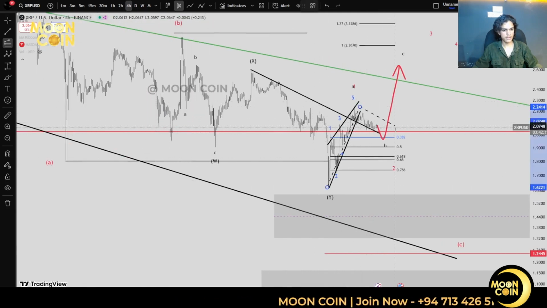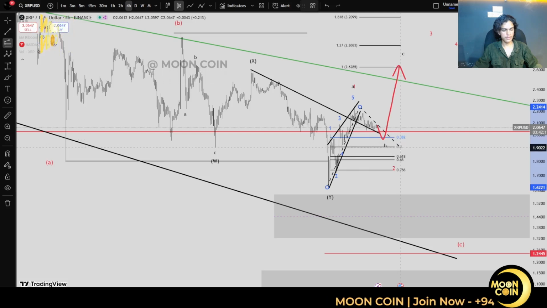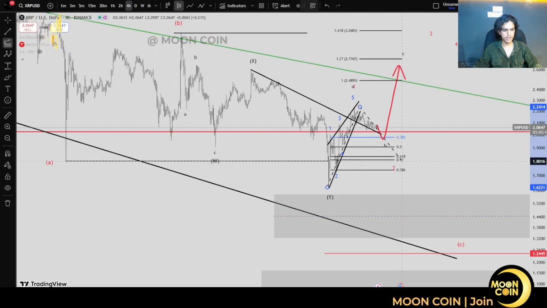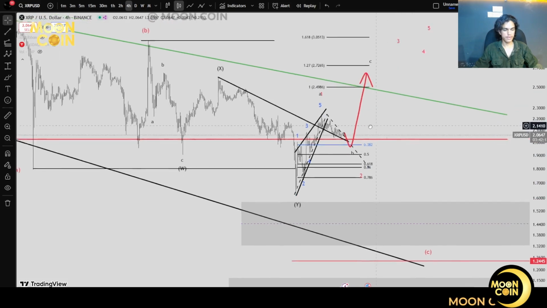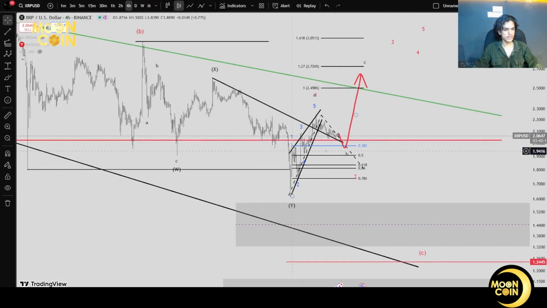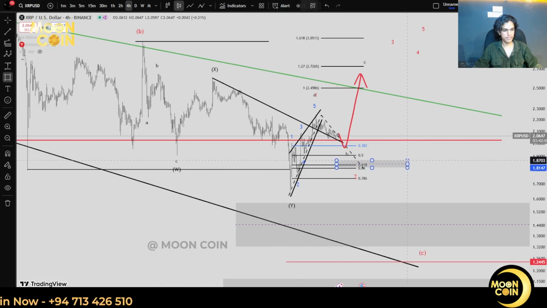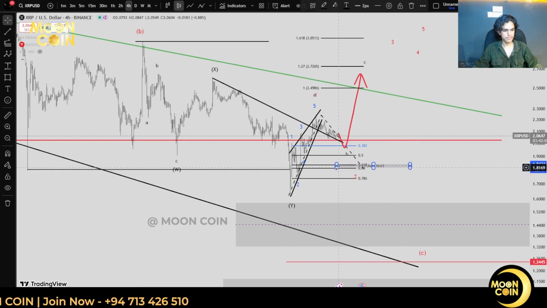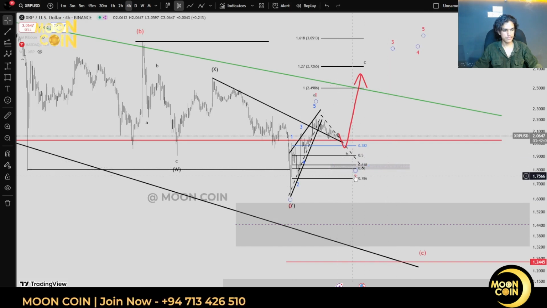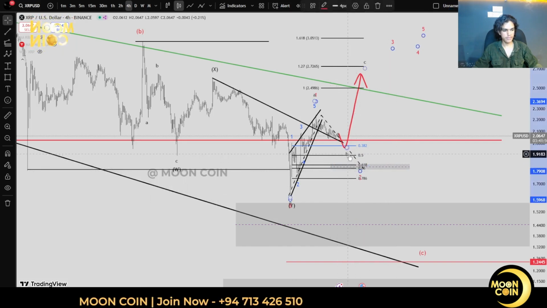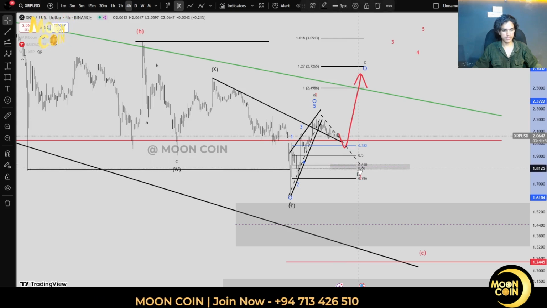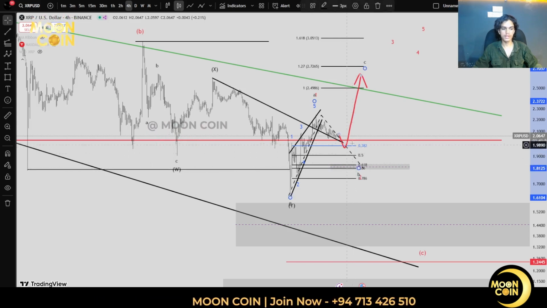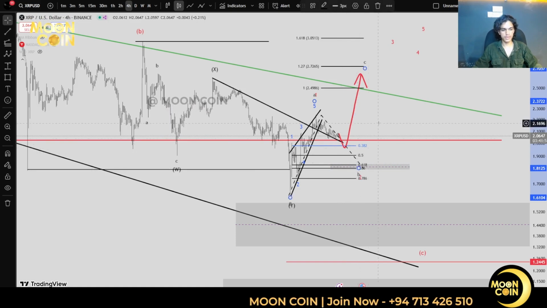Okay, so let's say the market reached the 0.5 or 0.6 level. We have this, okay, this is an extreme level. Even the B can come here also. Okay, it's not a rule that it should bounce from 0.3.